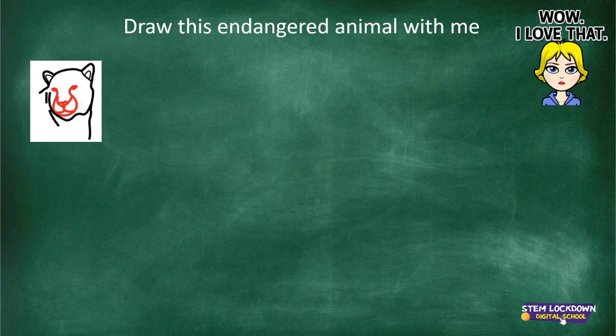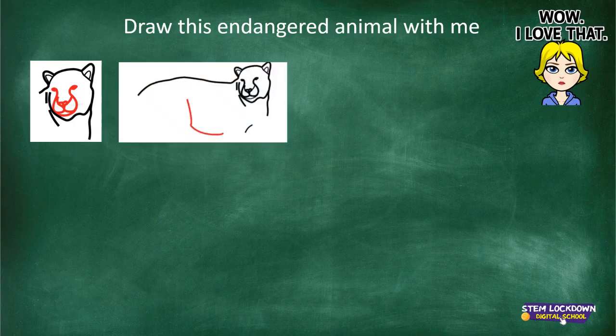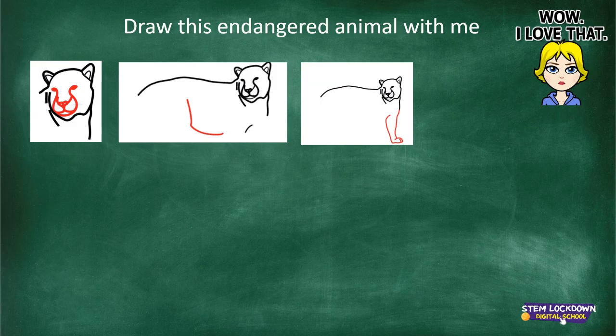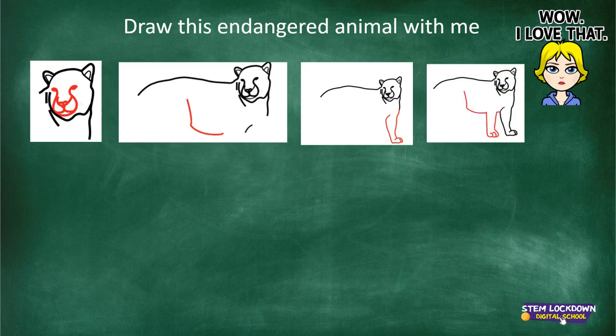Right, have you got the face? Okay. Now add the body. So you're going to add the back. I'm sure you can tell which animal it is already, right? Okay, you got the lines of the body. Add the front leg. Add the second leg.